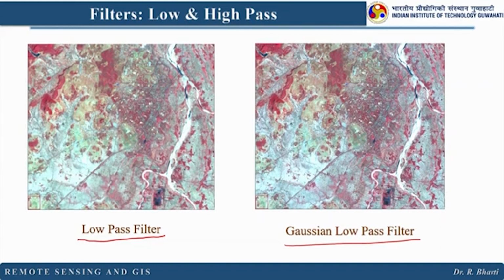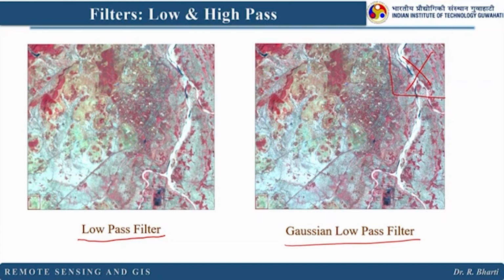Then only will it give you a good result. But if all the low frequency DN values are concentrated in one particular area and you apply this Gaussian low pass filter, then the result may give you wrong information.